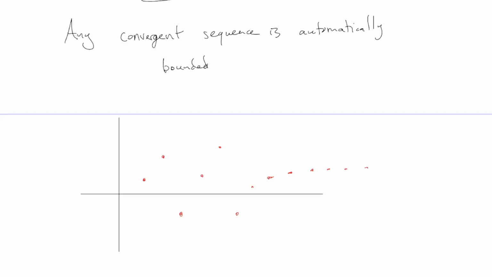It might do some weird stuff at the beginning, but eventually, beyond a certain point, all of the values are getting super close to a particular number. And is this one bounded? That means, can you draw a line above everything and also another line below everything? The answer is yes, you can.